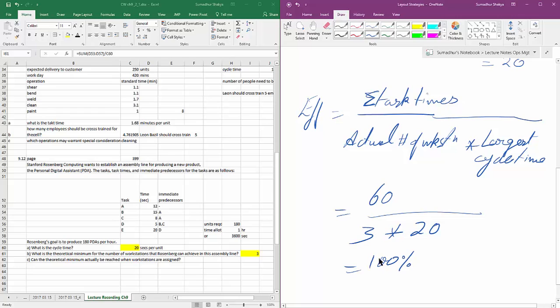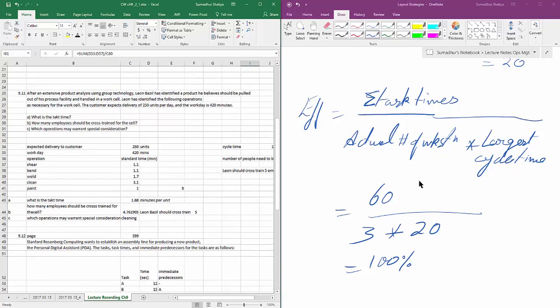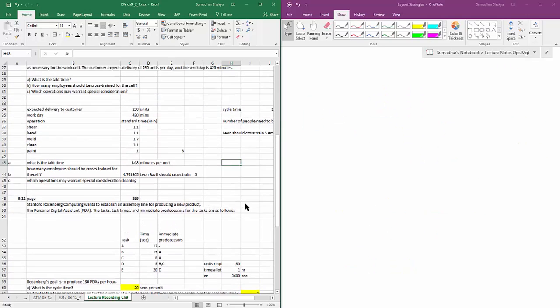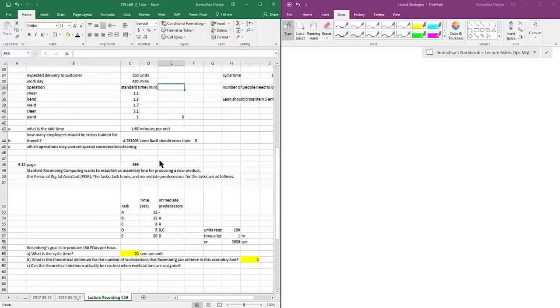Now, again, remember this is theoretical. If we were to go back to a previous question and calculate the efficiency for the last question, just remember the formula here, and it should come out to be something similar, following the same path.